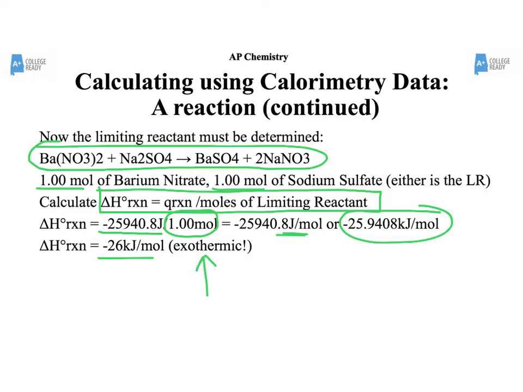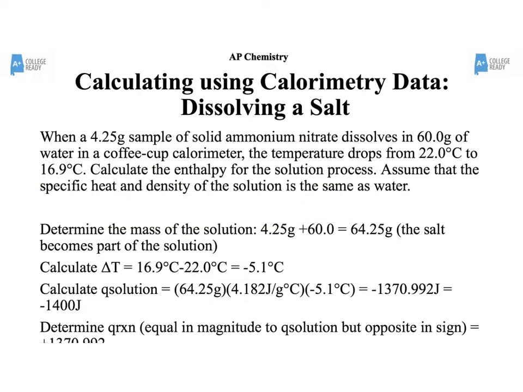So that is calorimetry using two reactants. Sometimes you have to do calorimetry where you only have one reactant, it's a salt. So you're going to take that salt and dissolve it. And in the process of dissolving the salt, it will either produce heat or absorb heat. You're going to calculate it the same way.